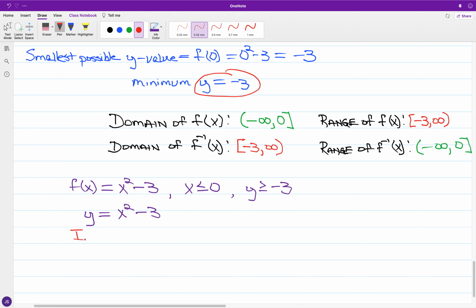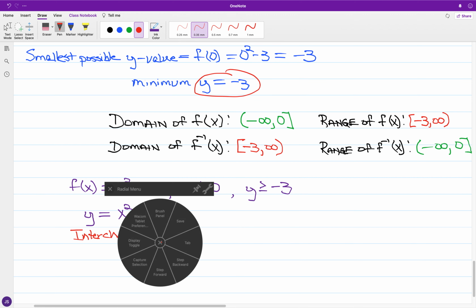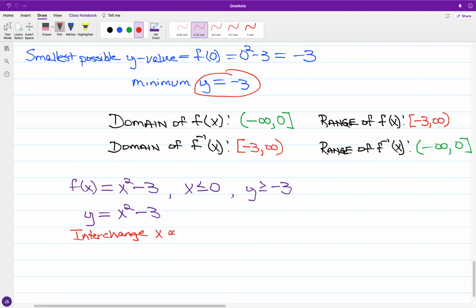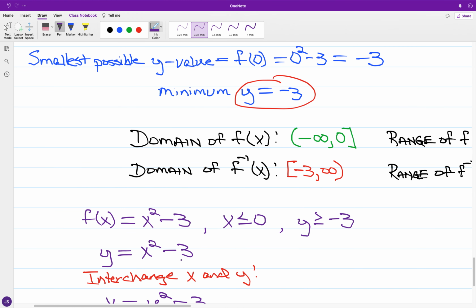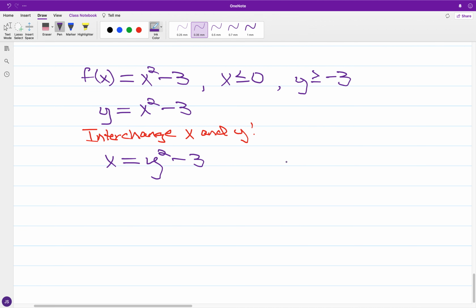And again, if I interchange x and y, we're going to have x equal to y squared minus 3. And this time around with interchanging x and y, what was required for x and y for the original function, we're going to have switched around.